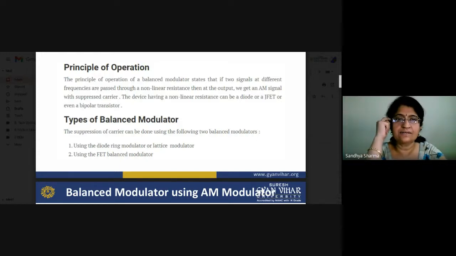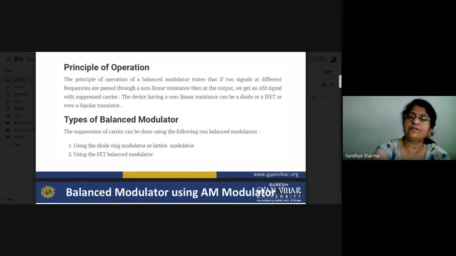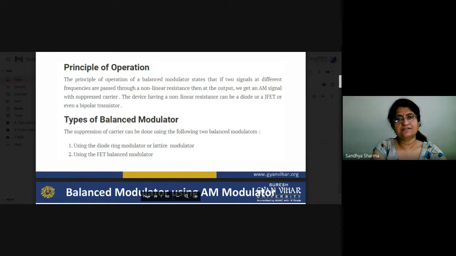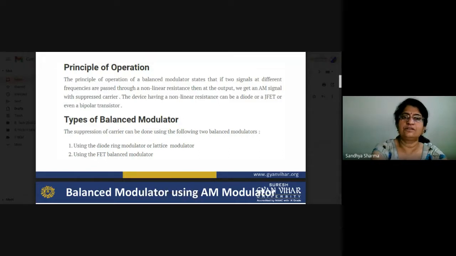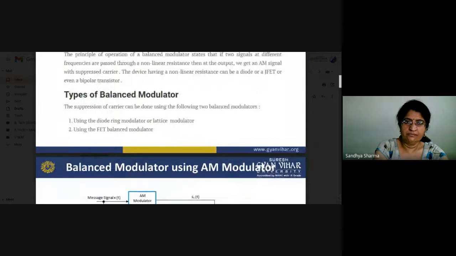This device having a non-linear resistance can be a diode or FET. You can use either a diode, FET, or bipolar transistor. Now we will work out the balanced modulator using the diode ring modulator or lattice modulator using the FET.